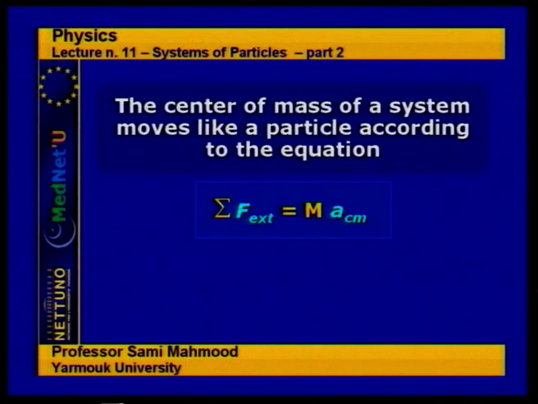And thus, we realize that this equation does not give any information about the motion of the individual members of the system. This equation only tells us how to describe the motion of the center of mass, just one point in the system.